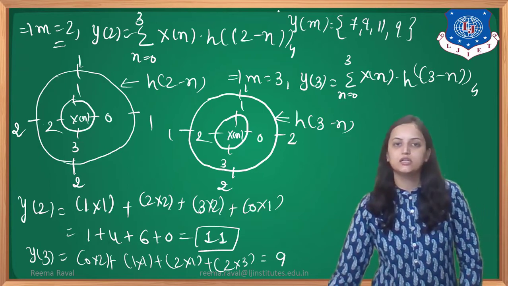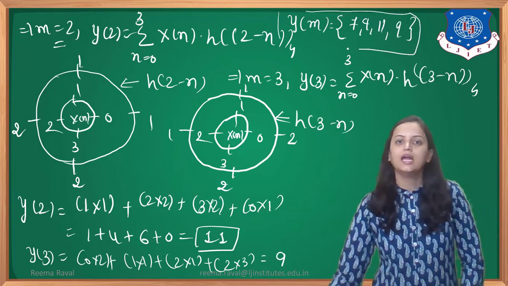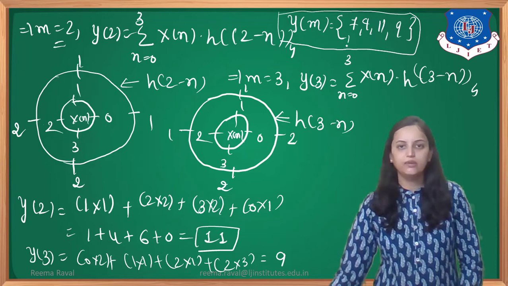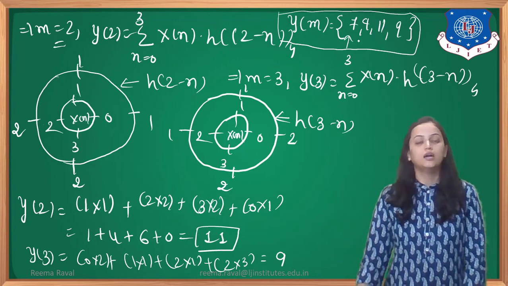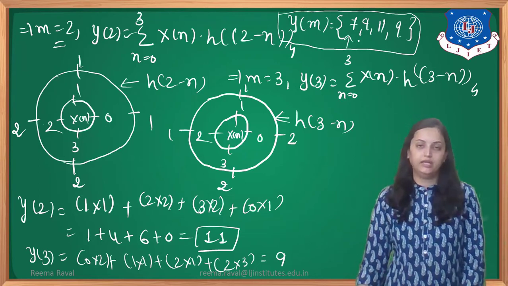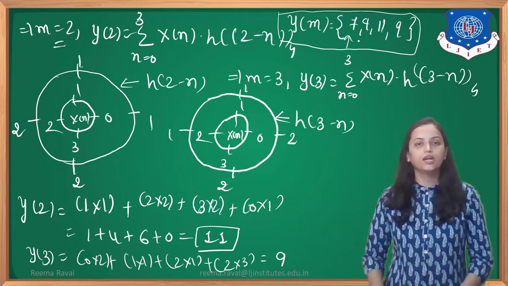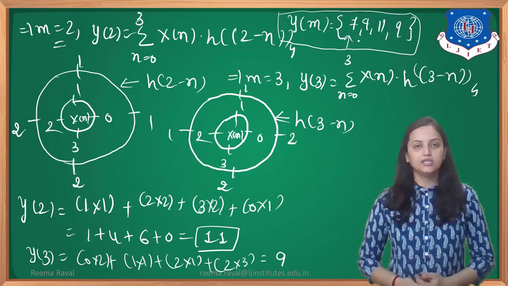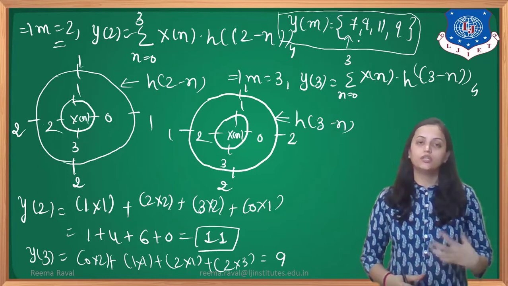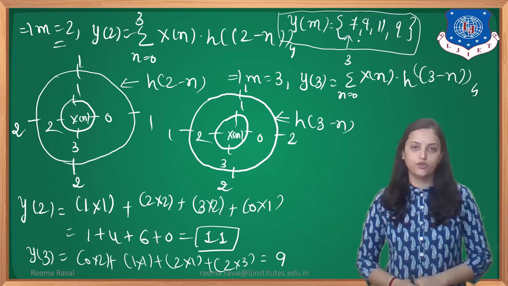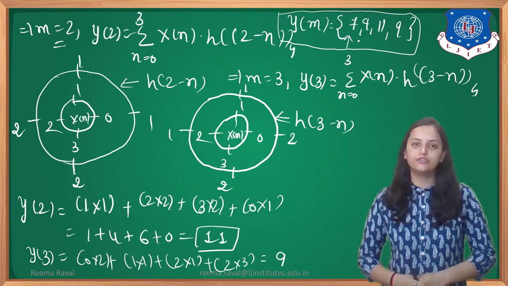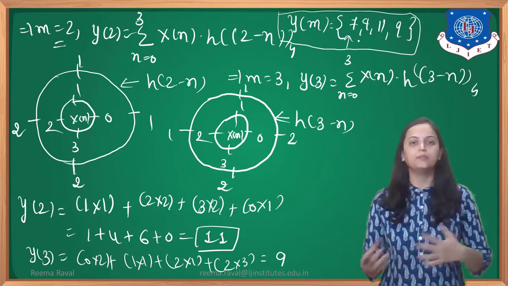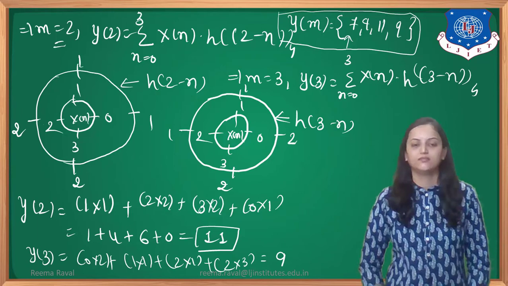So this is the answer for the sequence y of n, and the arrow will be at this position, because here the value was y of 0, that is 7. So this is how you can find the circular convolution using the graphical method for each and every instant, by placing the points on the circle and then shifting the right-hand side part on the left-hand side part.